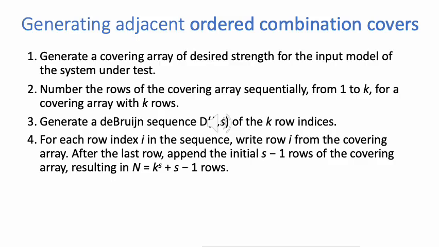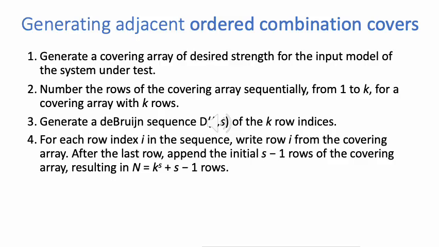So let's say we have k rows in the covering array, and we want to cover s-length sequences. So just generate a De Bruijn sequence of k^s for the k row indices. And as a result, what we can do then is write down the row numbers, and then we're going to fill the rows in from the covering array.